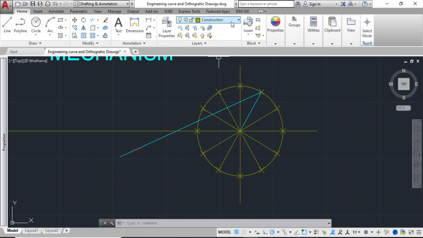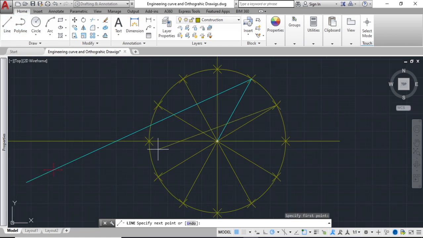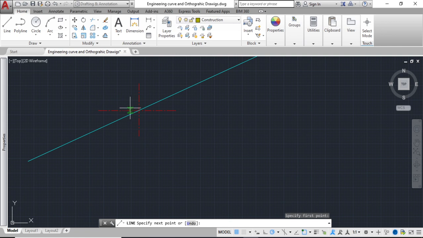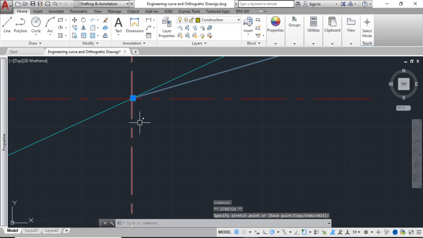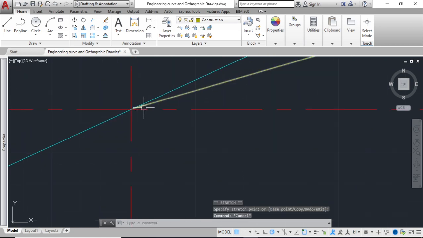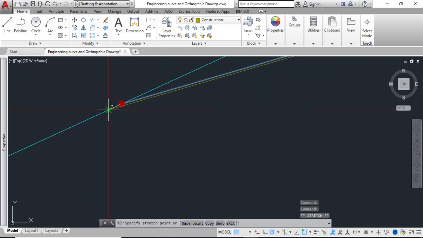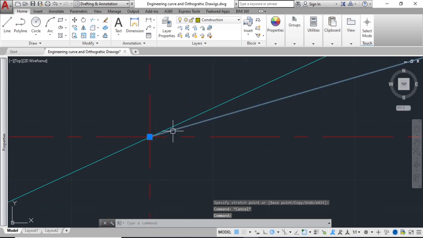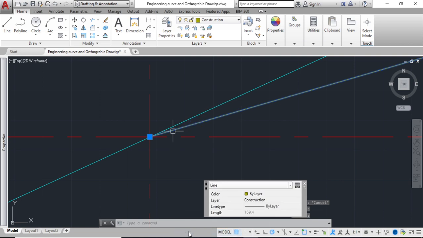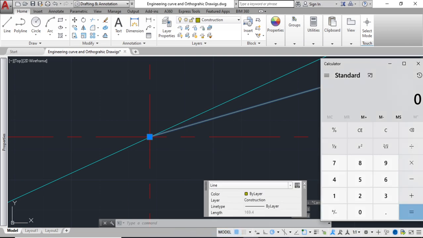So let's go. From point 9 through to C. Ensure that it touches the center point properly, because at times it fails to. Right, so it's there. Quick properties, it's 169.4.